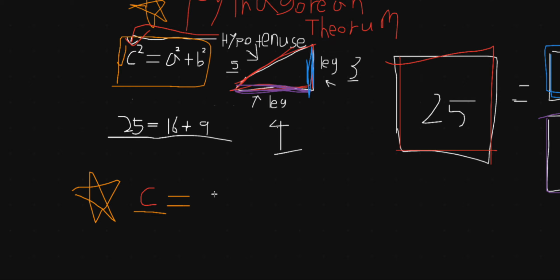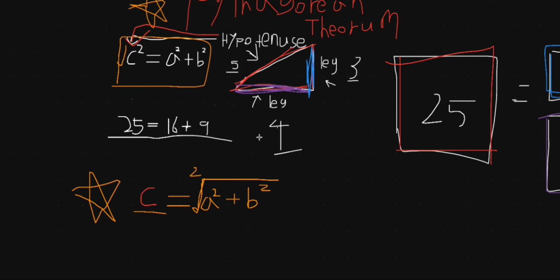So c equals the square root of a squared plus b squared. Just do a squared plus b squared, and then you square root it. Importantly, square root it.